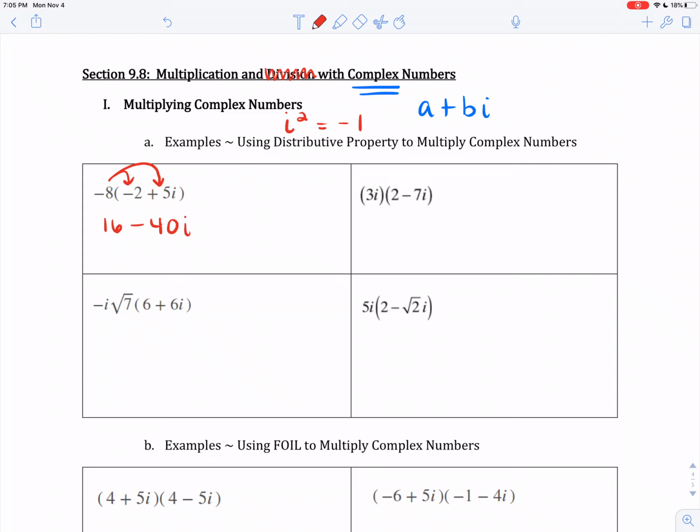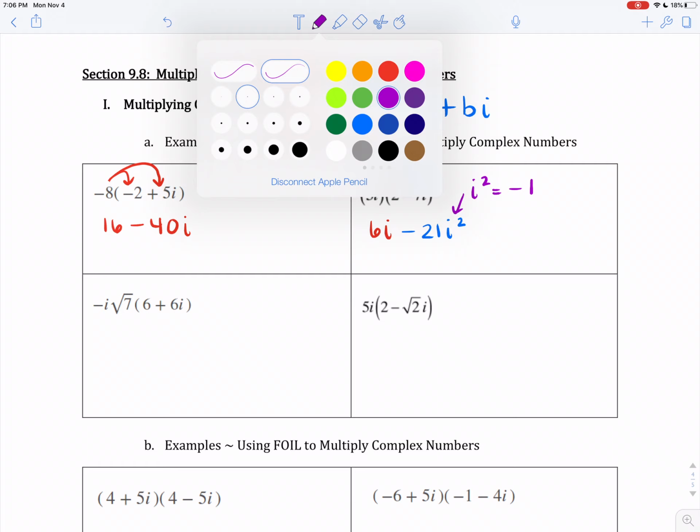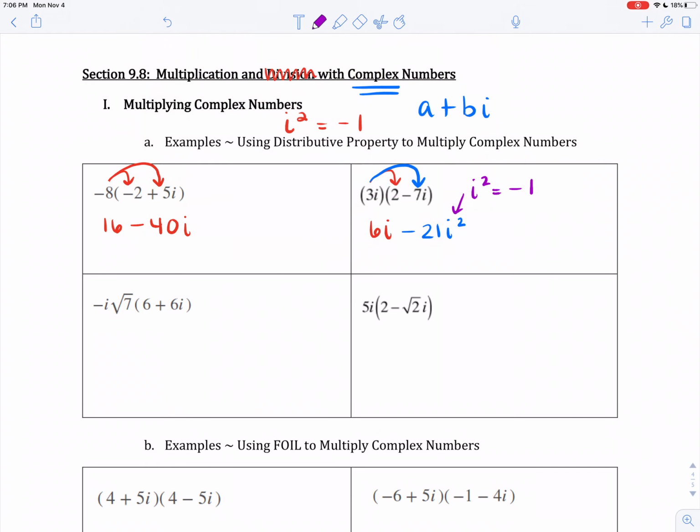All right, but over here, if I do that same thing and I distribute, 3i times 2 is going to give me 6i. But then for my second term, 3i times -7i is going to be -21i squared. And anytime I see an i squared come up when I am multiplying, I'm going to replace that with -1. So this becomes 6i minus 21 times -1.